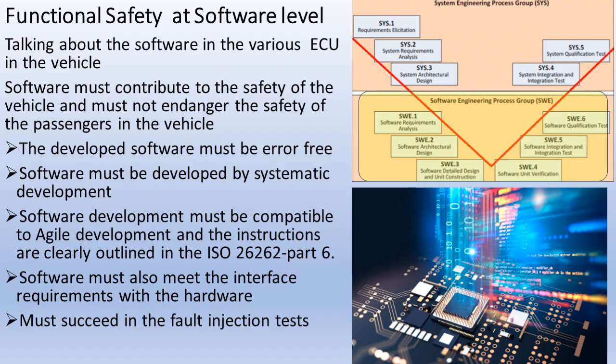That happened because of some software error. So all of you must keep in mind the magnitude of the importance of software being error free. Software errors are always systematic errors, not random errors. That is the reason why software must be developed in a systematic manner.